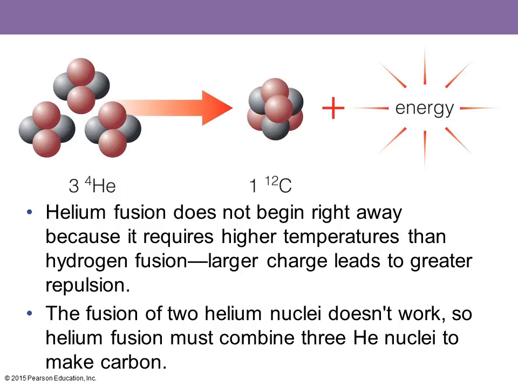And as helium fuses, we get, in this diagram, 3 helium nuclei forming 1 carbon nucleus and releasing a lot of energy. Because 2 helium nuclei don't fuse, 3 helium nuclei do. That's what gives us the carbon. But a lot of energy is still produced.